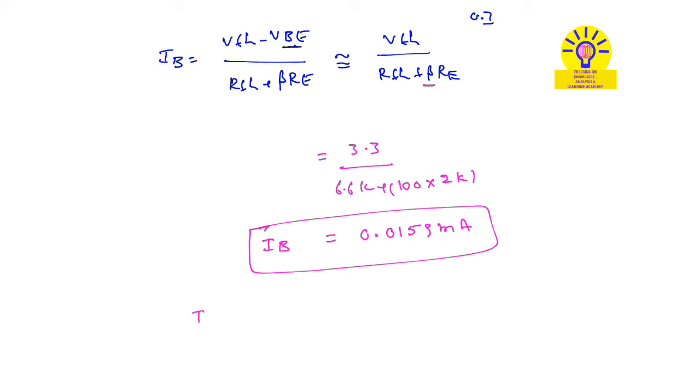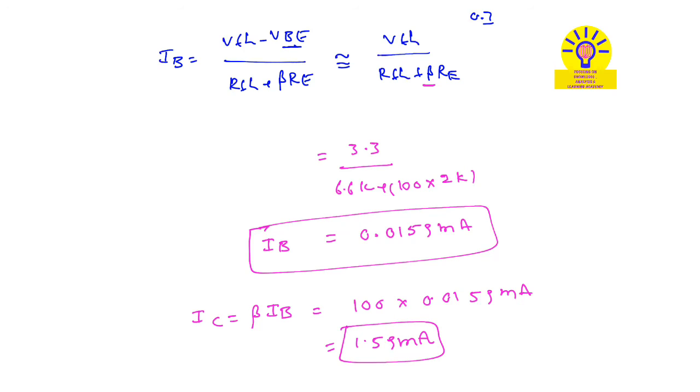Now IC equals beta into IB. So beta is 100 into 0.0159 milliamperes, that is equal to 1.59 milliamperes. So from this we have IC greater than IC saturation.